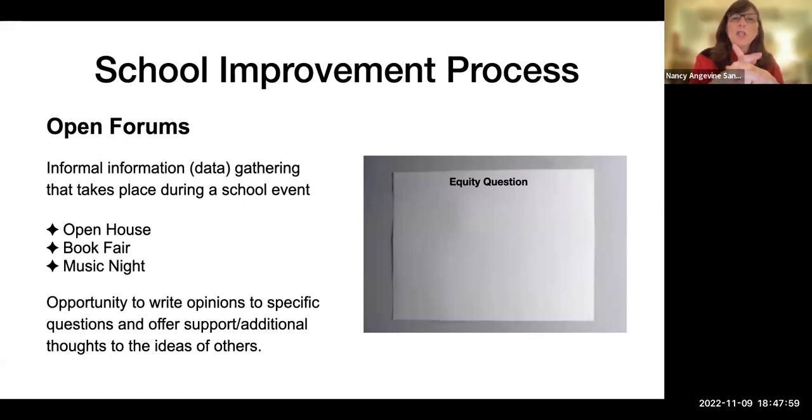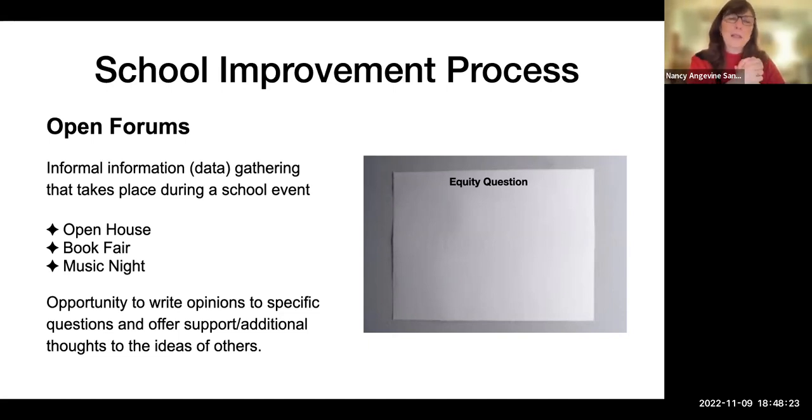The suggestion is that a room or a hallway be set aside and experience paper or newsprint be put up on the wall with questions to guide the data gathering for each of the four avenues.